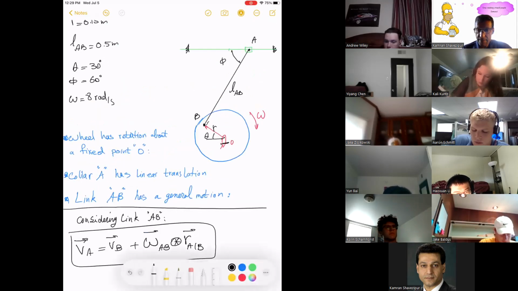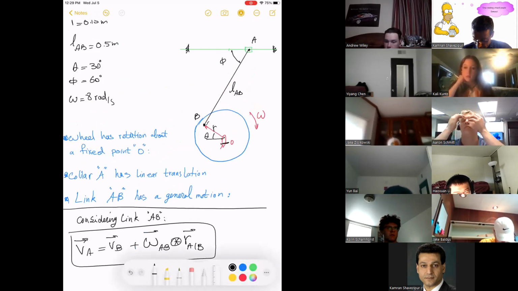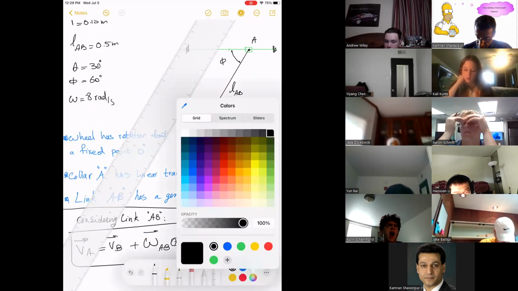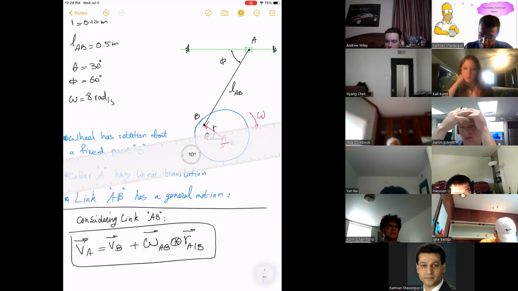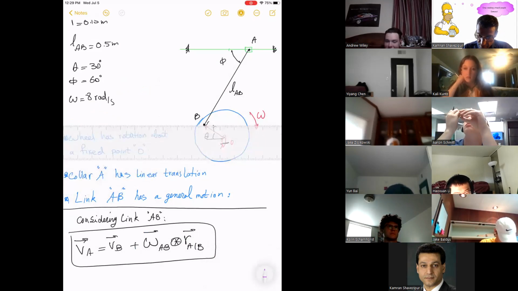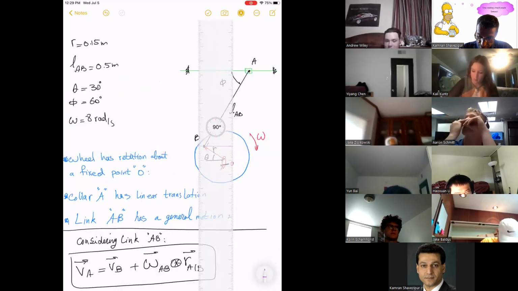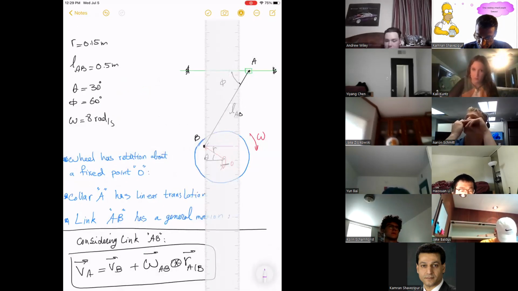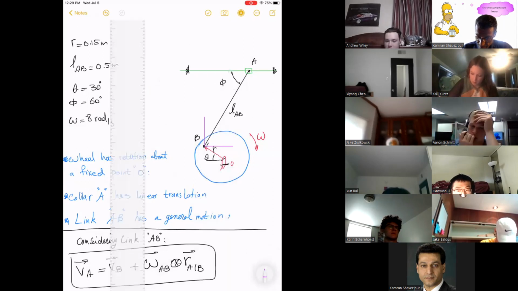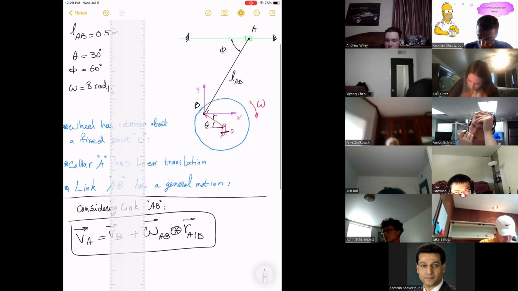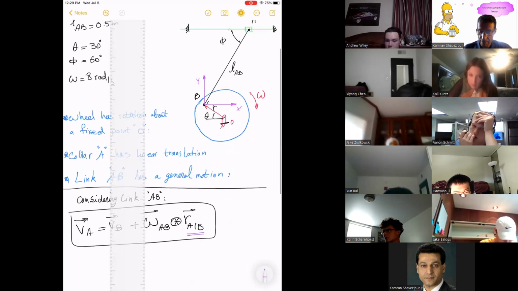Please pay attention here for a second. This looks like I put my moving coordinate system, x prime and y prime, on B, and it moves with A. So if that's the case, what would be this vector A with respect to B?